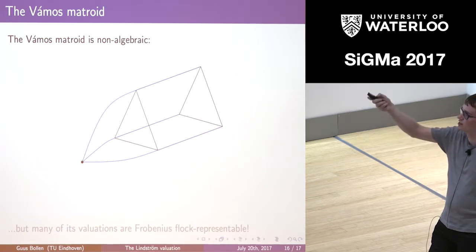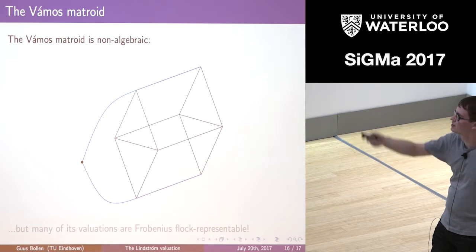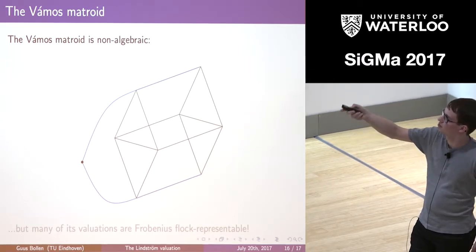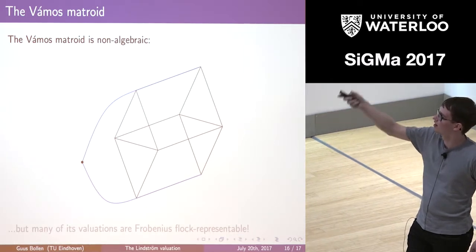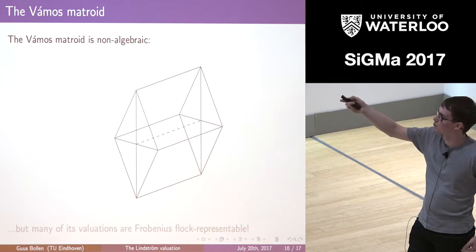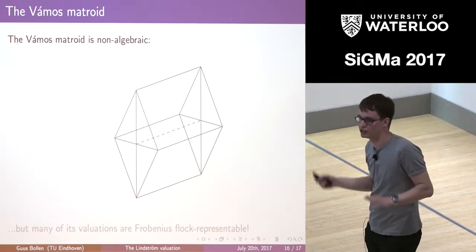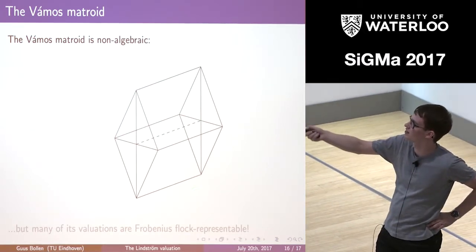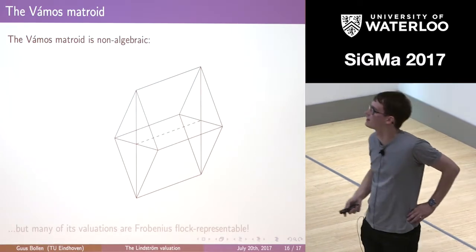And Vámos has two of these prisms stacked upon each other. So these two lines here meet in a point. But that means that these two lines here lie in a plane. And this is all assuming there was an algebraic representation. So we get an extra dependency, and hence the Vámos is not algebraic.